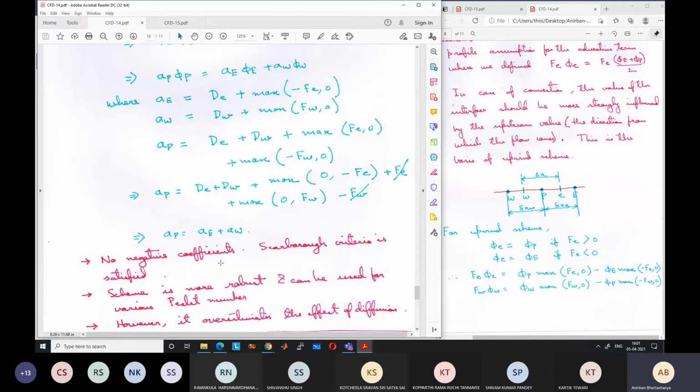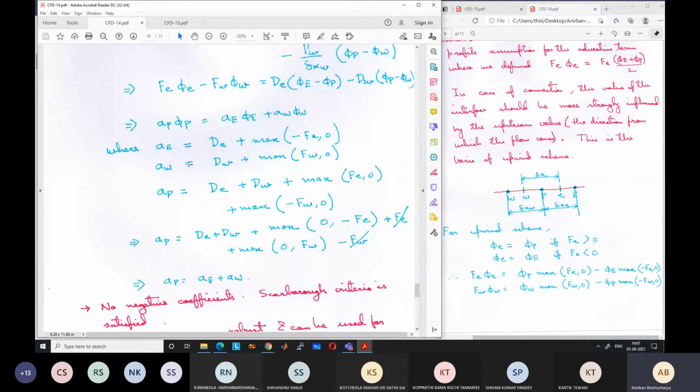There cannot be any negative coefficients, because always there is a term which is maximum of some term and 0. If Fe is positive, minus Fe will be negative, but 0 is there, so it has to be 0. And D is going to be positive, so the AE term is going to be positive. If Fe is negative, the maximum of minus Fe comma 0 is going to be minus Fe, which is positive.